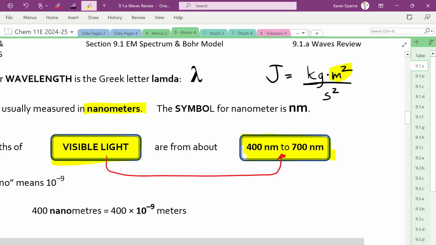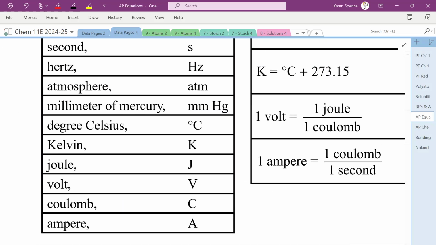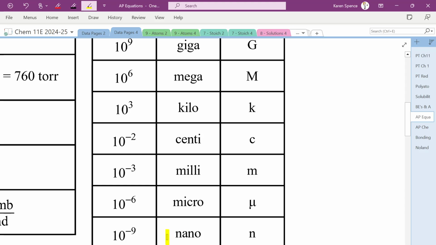Yes? So I need to be able to quickly convert from nanometers to meters, and it helps if you remember that nano means 10 to the negative 9. And if you forget that, guess what's on your data pages? Nano, 10 to the negative 9.